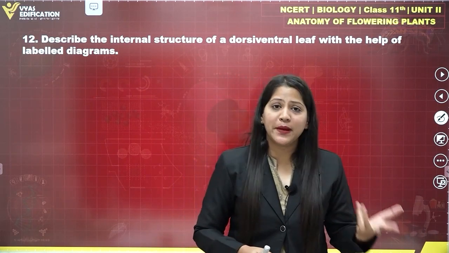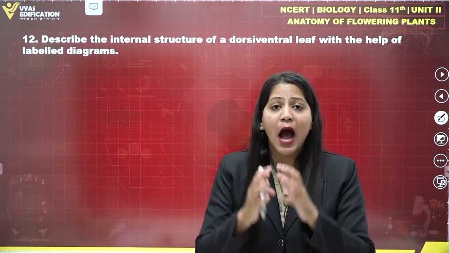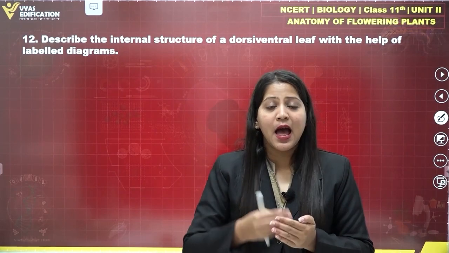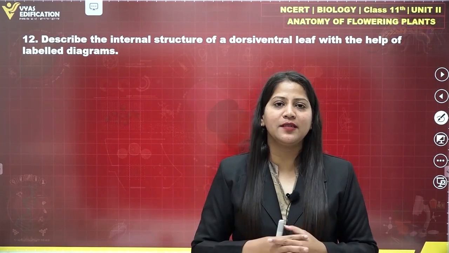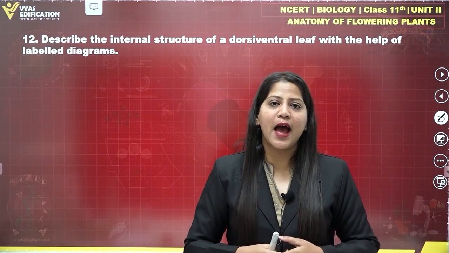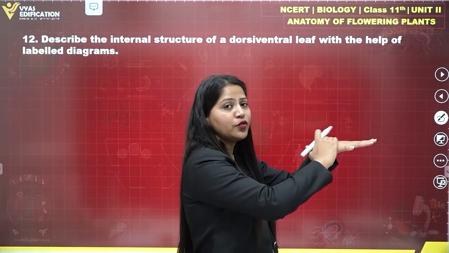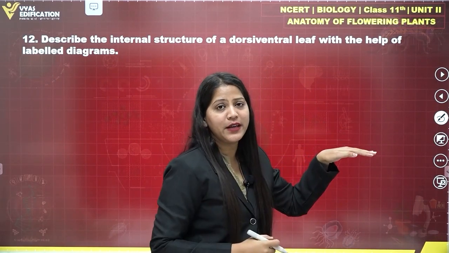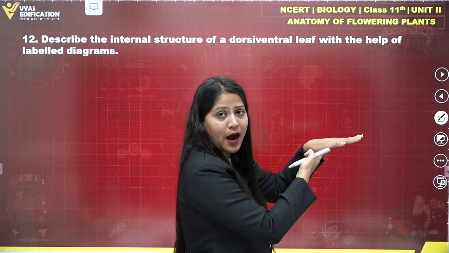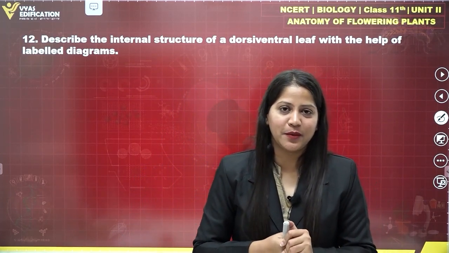If we talk about the epidermis or epidermal layers of a dorsiventral leaf, then the outermost covering of these leaves is the epidermis, and we have two types of epidermis in dorsiventral leaves, that is adaxial epidermis and abaxial epidermis. Suppose this is a leaf, and the upper covering of the leaf is known as adaxial epidermis, whereas the lower covering of a dorsiventral leaf is known as abaxial epidermis.